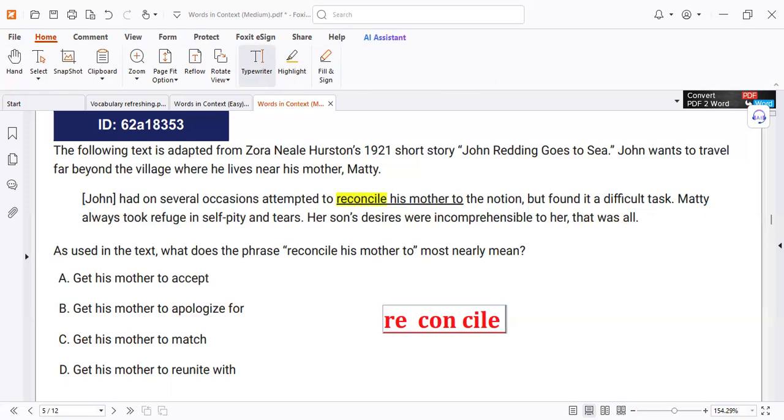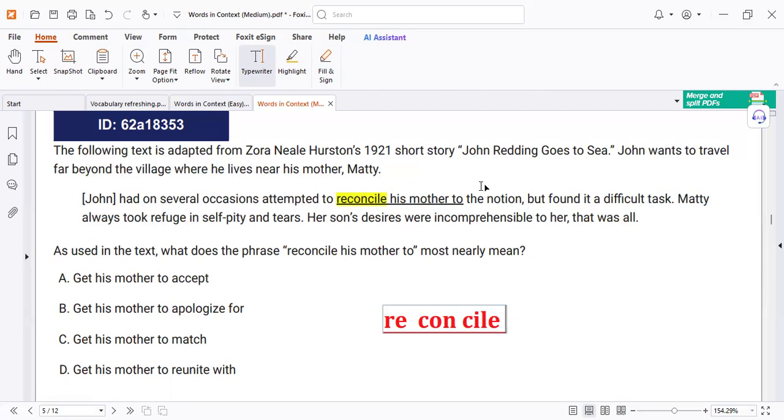Might be they get his mother to reunite. Reunite? No. Does that mean they were separated? Look at the end. Her son's desires were incomprehensible to her, not clear to understand. She is not convinced to give him permission. Is a notion. But this means he tried many times to convince her.